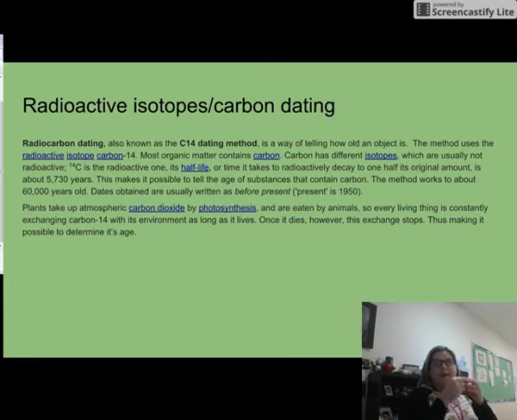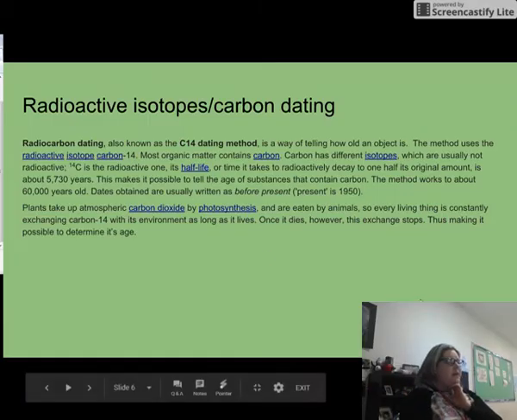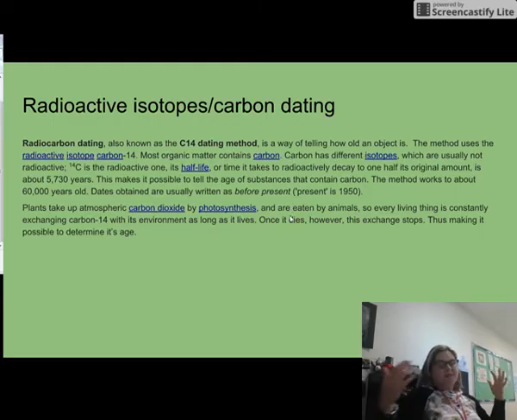They're able to look at that carbon, see how broken down it is, and age the rock that way. Now, radioactive and carbon dating is only good for about 60,000 years. If you think about the scale of geologic time, that's just a tiny fraction of how old some of our rocks can be. But if they're newer or younger rocks, we can do this. We also date everything to present. Present with this is 1950, so we date everything to present using that kind of dating.